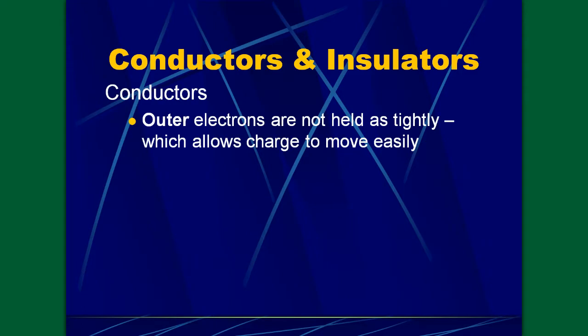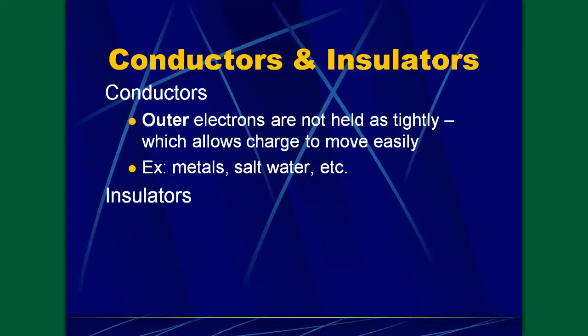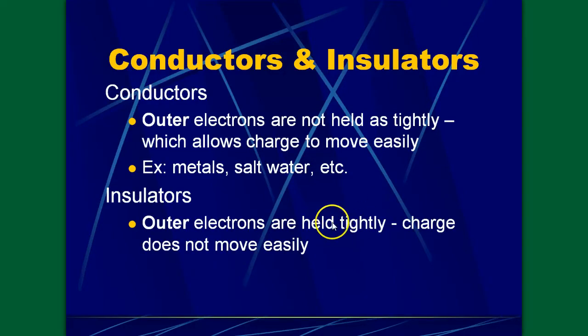Things like copper, water, the copper in the wiring that we use in buildings, the outer electrons are very, very free to move, so electrical charge can travel very well through those materials. As opposed to an insulator, which has just the opposite effect, their outer electrons are held very tightly, so charges do not move very easily through an insulator such as plastic, rubber, or wood.